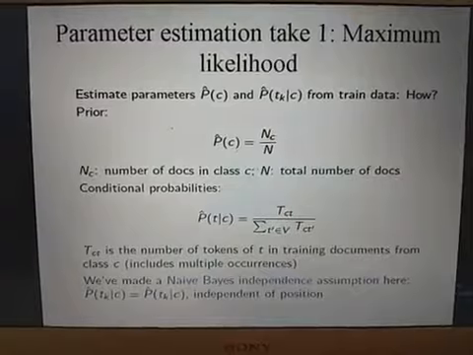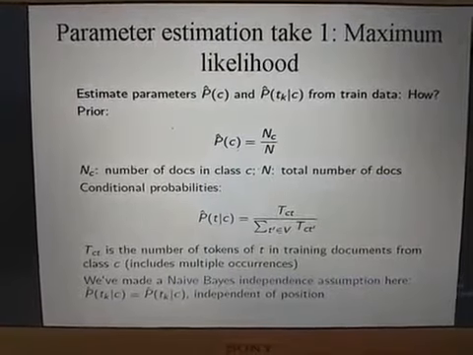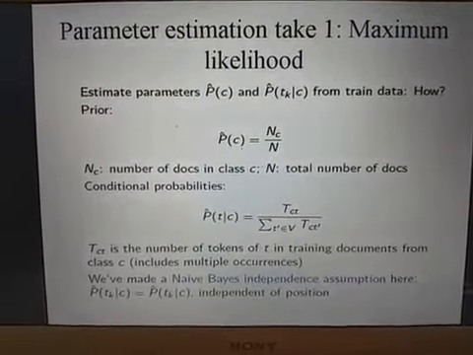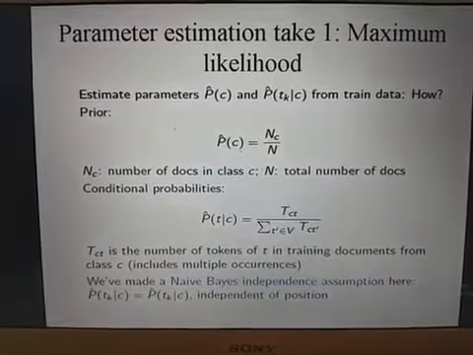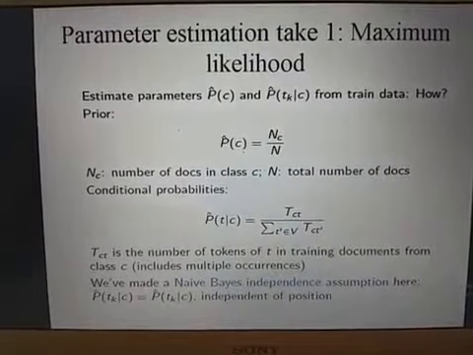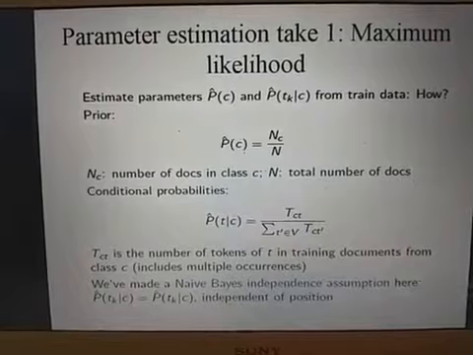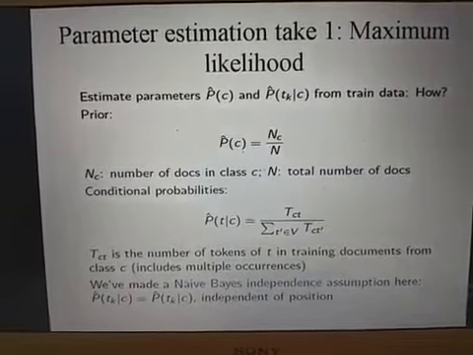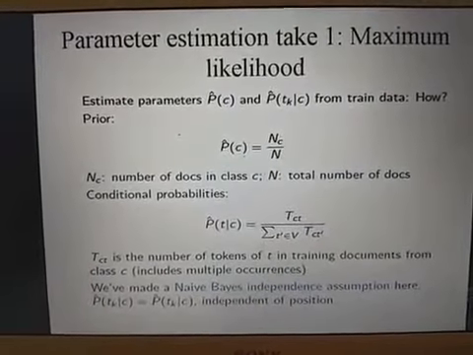Then we need to estimate the parameters using maximum likelihood. That means we estimate the probability of each class and the probability of each term belonging to that class from the training set data. But how?